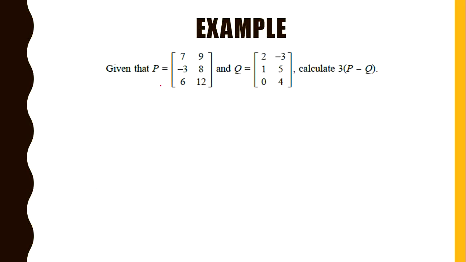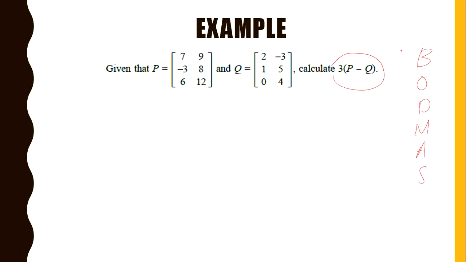Next, given that P and Q, okay, calculate 3 bracket P minus Q. So, it looks like this, right? Okay, in one question we have more than one operation, which is, here we have bracket and subtraction. Okay, so as usual, remember, any operation in matrices, we must follow the BODMAS rule.